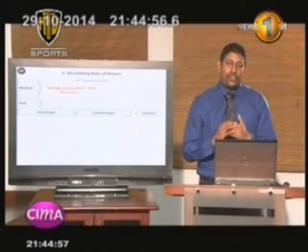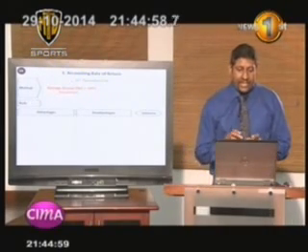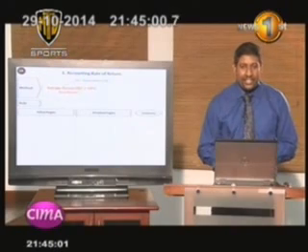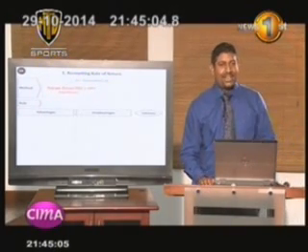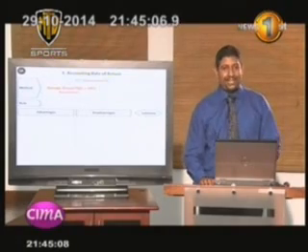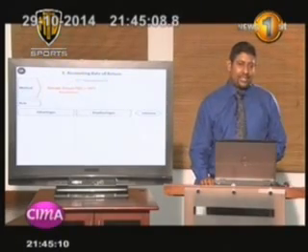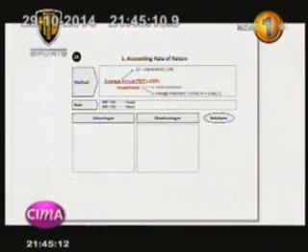So if your accounting rate of return is positive, that means you are covering your investment. However, that is not enough. If your ARR is 5% and your cost of capital is 10%, then do not select the project. ARR should always be greater than the cost of capital to select a project.